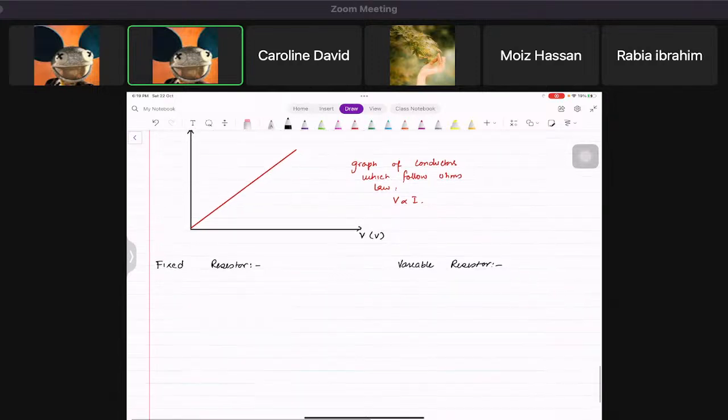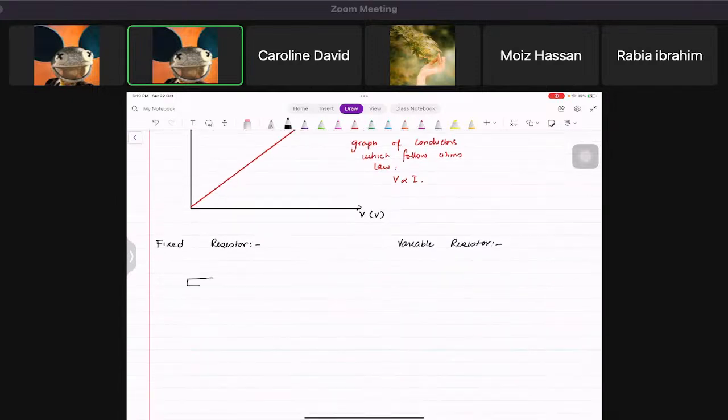A fixed resistor has a symbol like this, and it has a fixed value of resistance. Let's suppose you go to a shop and say, okay, I want a resistor of value 10 ohms, he's going to give you a resistor of that particular value that doesn't change. This is the reason why this is an ohmic conductor, because it will follow Ohm's law all the time.